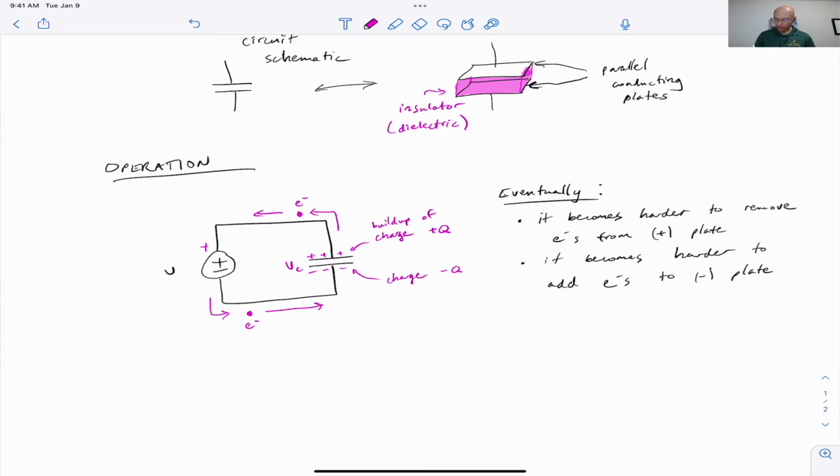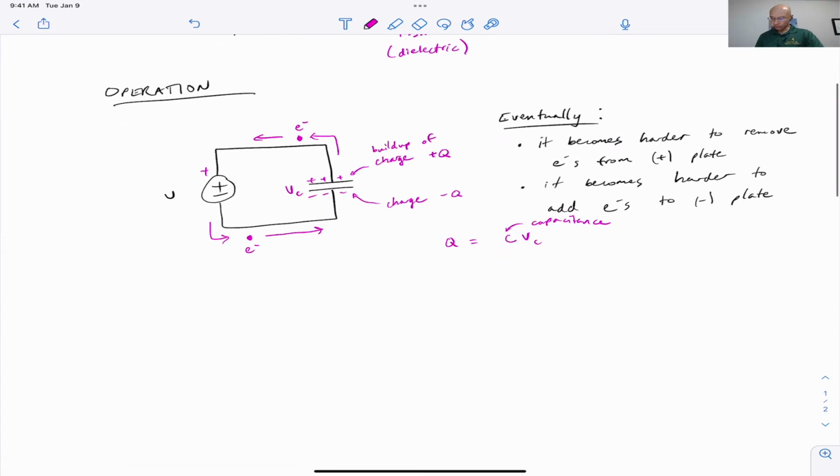It turns out that VC is proportional to Q. So we'll write here that the charge stored on the capacitor is proportional to the voltage across the capacitor times some constant of proportionality C. That C is the capacitance, and maybe you can remember it if you arrange it like this. So looking at the Q over V, it kind of looks like an ice cream cone.